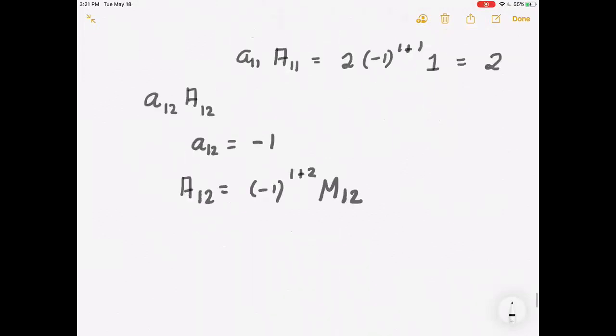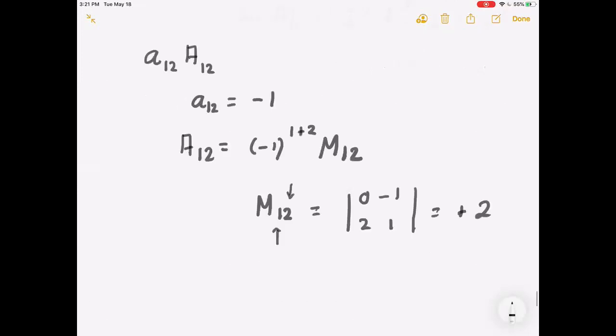The minor is the matrix that you get by going to the original coefficient matrix and striking out the first row and the second column. If you do that correctly, you'll find the following 2 by 2 matrix, whose determinant is easy to evaluate. So a sub 1,2 times the cofactor A sub 1,2 is minus 1, that's what a sub 1,2 is, times minus 1 to the 1 plus 2 power times 2.